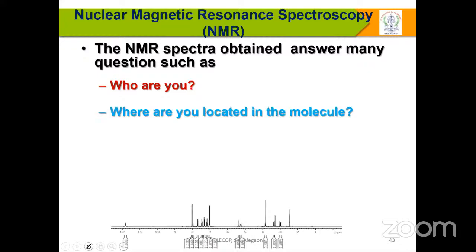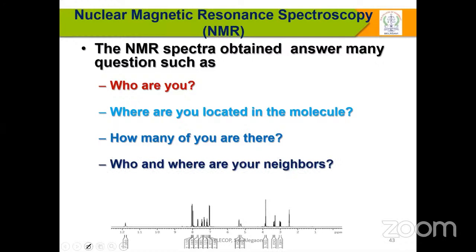Second question, where are you located in a molecule? It is another important thing to understand. Okay, fine, I am the proton NMR, then tell me where you are located in a molecule. If the location is found, then how many of you are there? Now we come to the number. If you know how many, who and where you are, where are your neighbors?